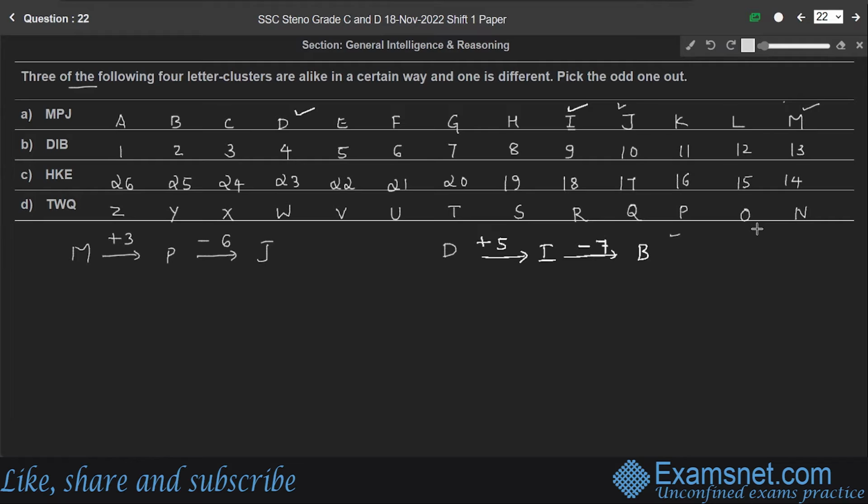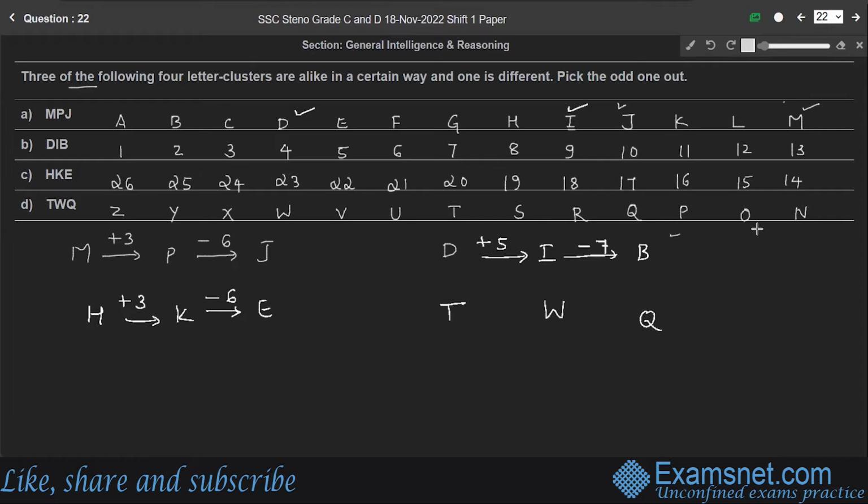In the third cluster, we have HKE. H is 8 and K is 11, so 8 plus 3 is 11: H plus 3 is K. E is 5, so K minus 6 is E. The last cluster is TWQ.